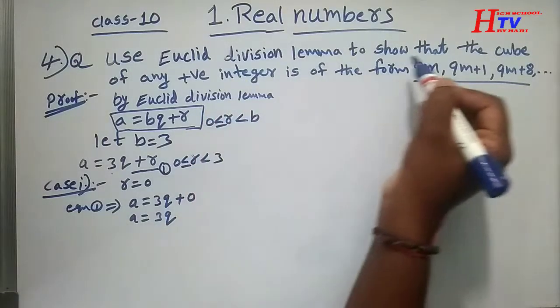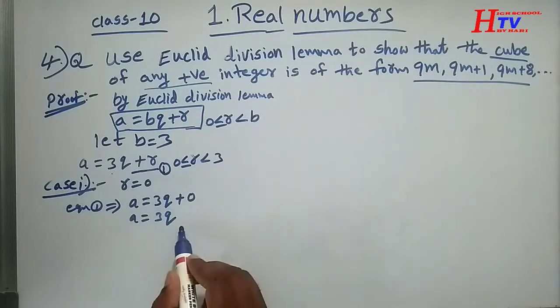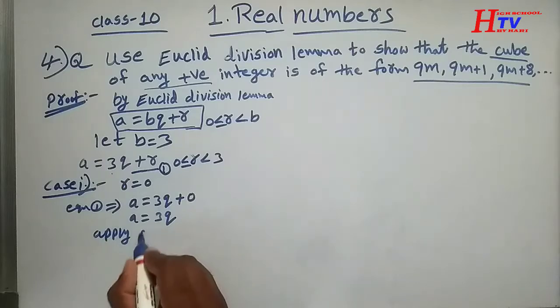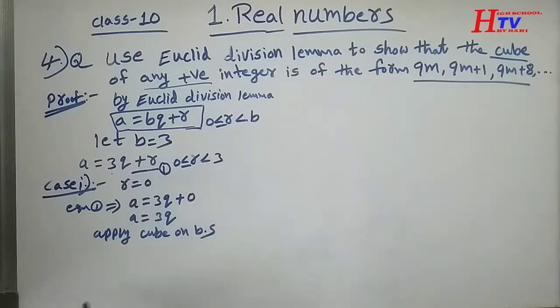Now the question is to show the cube of any positive integer. Now apply cube on both sides. a cube equals to 3q whole cube.